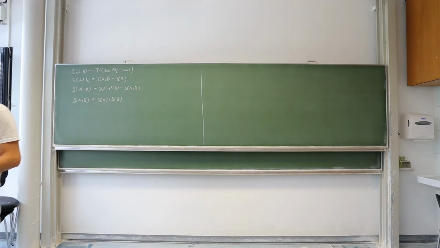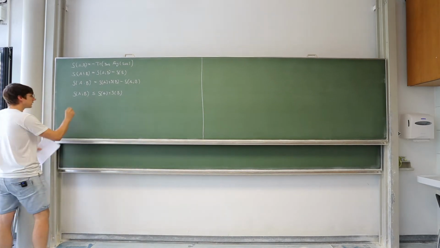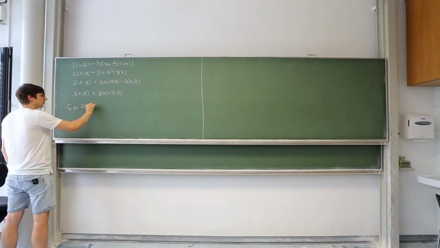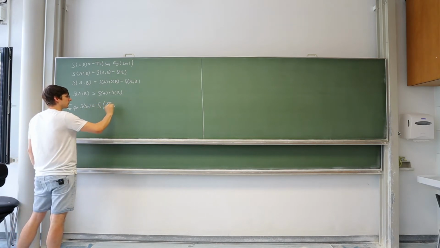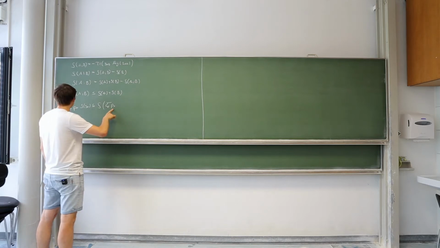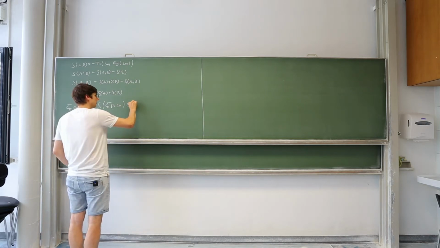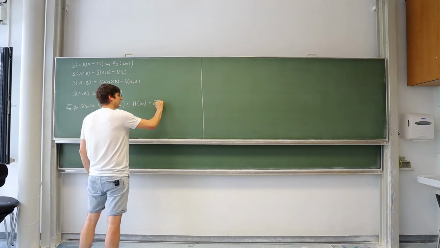And then we also discussed the concavity of the entropy and the entropy of a mixture, which was as follows: for some x with some probabilities p_x, the sum over x of p_x S of rho x is smaller or equal to the entropy of this state given by the ensemble p_x rho x, which is smaller or equal to the Shannon entropy of this probability distribution plus the sum over x of p_x S of rho x.